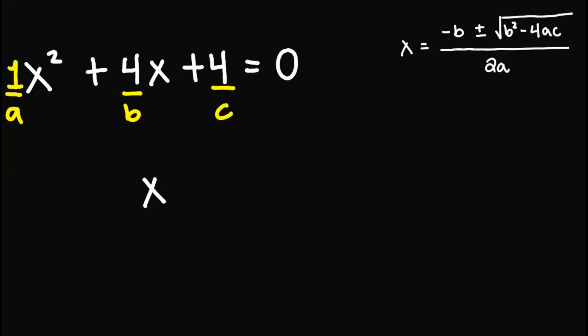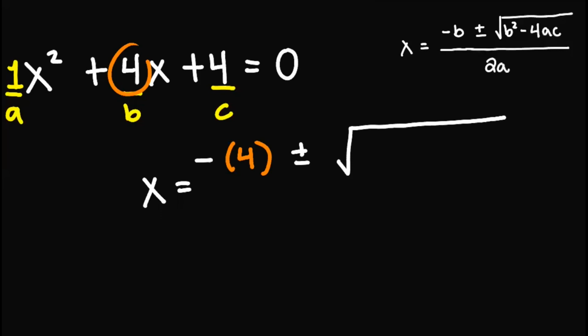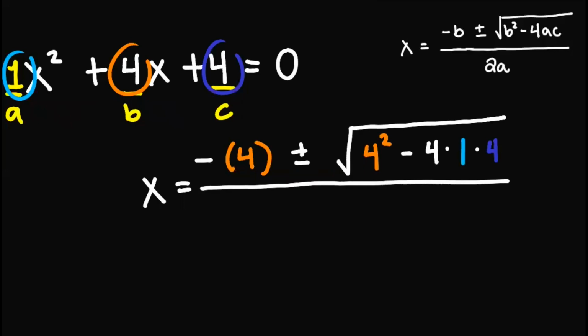So by the quadratic formula, this is equal to negative b is 4, so negative 4 plus minus the square root of b squared. Again, b squared is 4, so we'll have here 4 squared minus 4 times a, in this case is 1, so this is times 1, times c, in this case is 4, over 2 times a, which is 1.